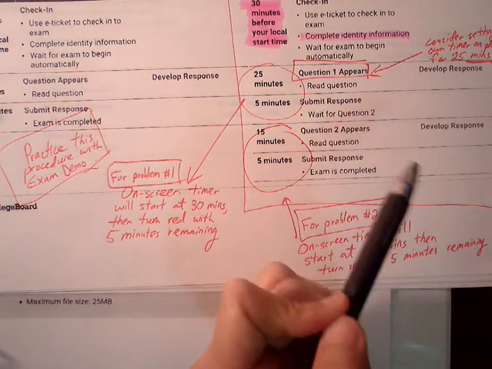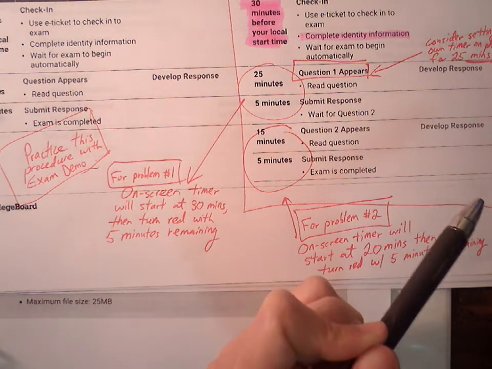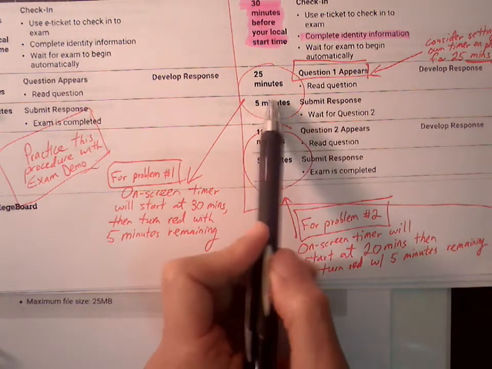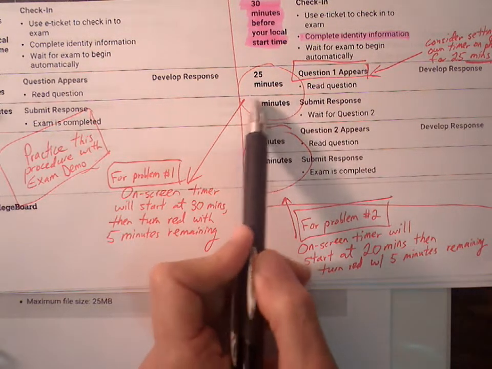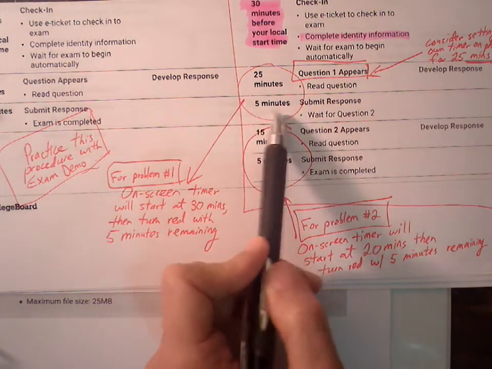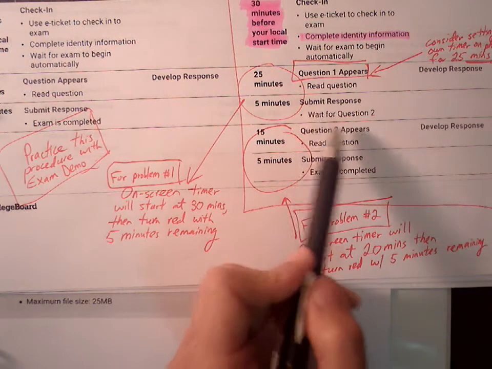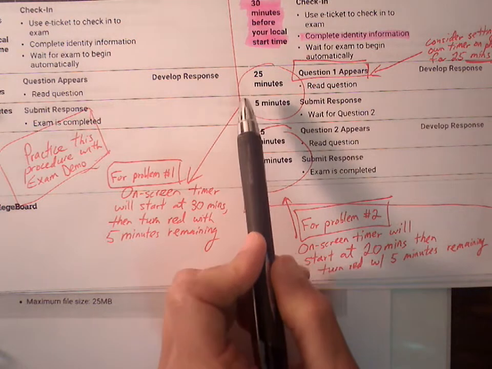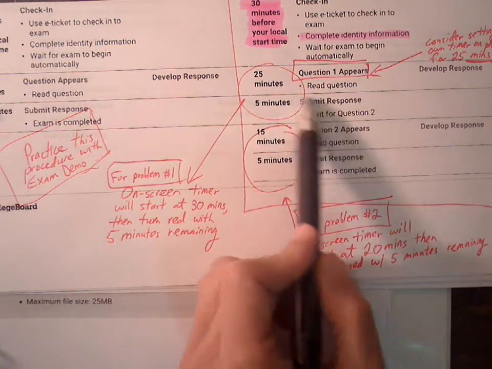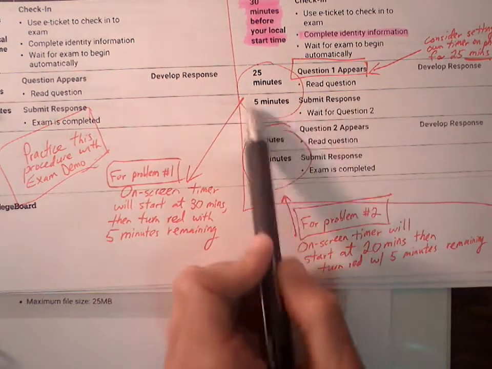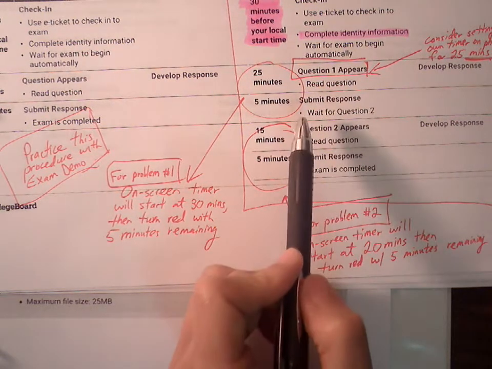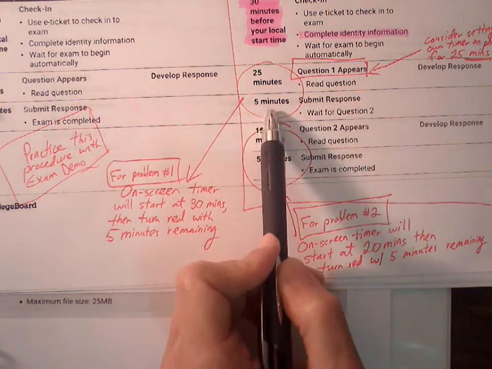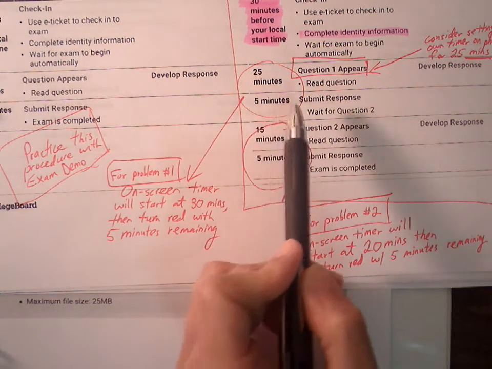Now, when 5 minutes shows up, you're going to start submitting your response. That means you're going to start getting your tablet or your phone ready to take pictures of your work, and then you're going to start submitting. You could wait with only a minute remaining, but then you're running the risk of not being able to submit everything through. So to be safe, stop what you're doing 25 minutes in, and make sure you have everything ready to go in terms of submitting, because this process may take a few minutes, with the picture-taking part and submitting it.